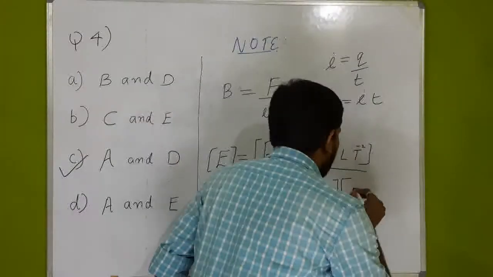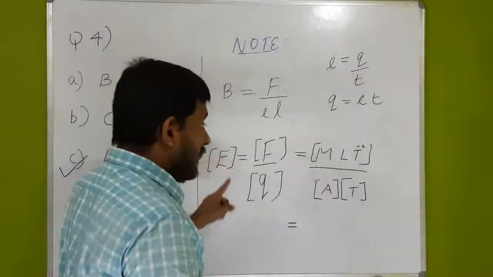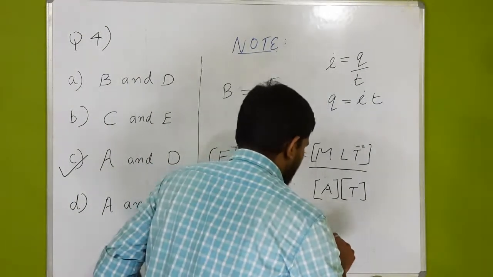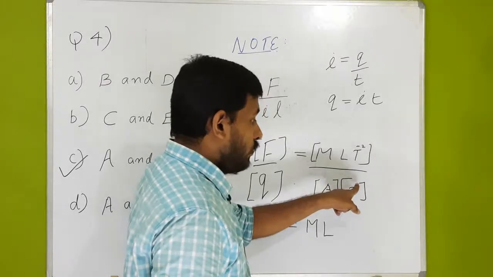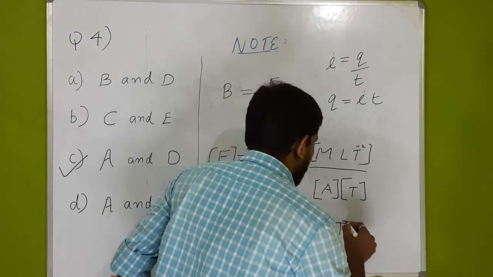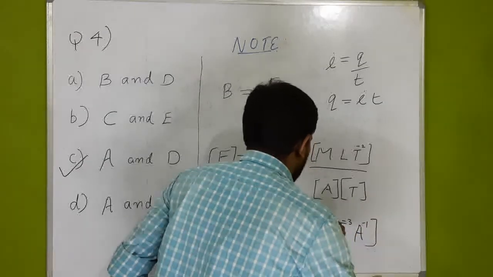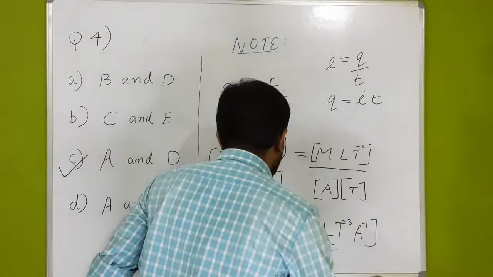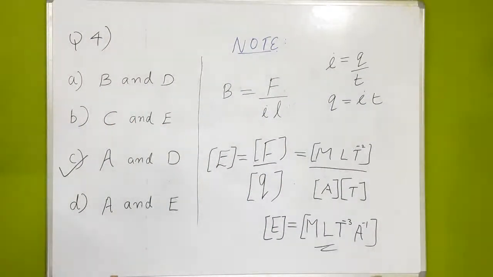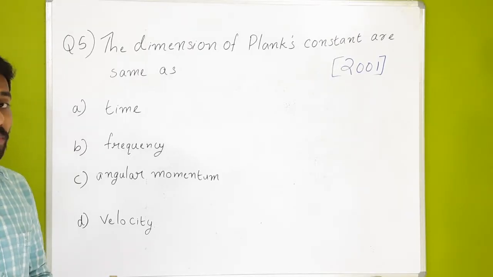Time is denoted with T. Therefore the dimension of electric field E is equal to m L T raised to minus 3 A raised to minus 1. So this is the dimension of electric field. So take it down.